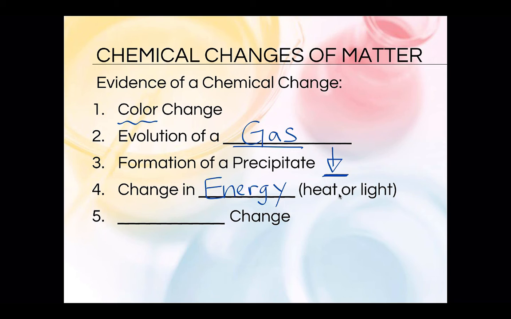Finally, some chemical changes involve a pH change if you're dealing with acids or bases. Those are some indications that a chemical change has taken place.